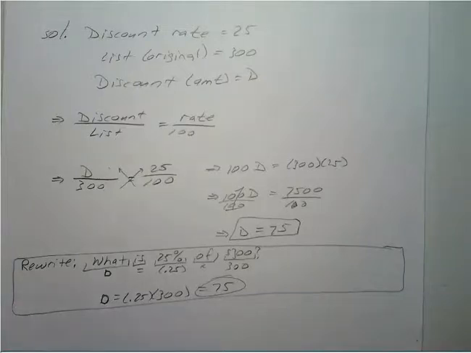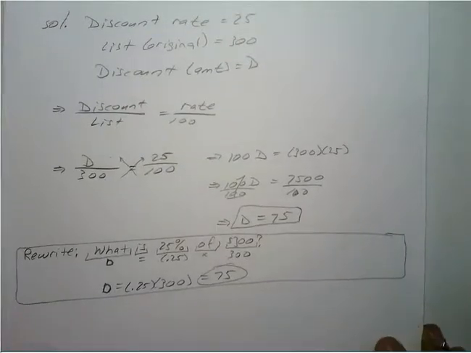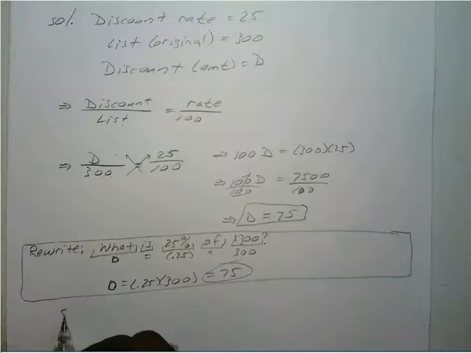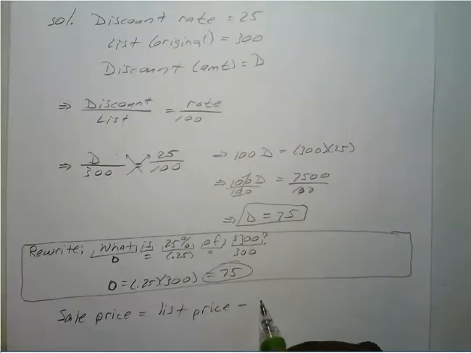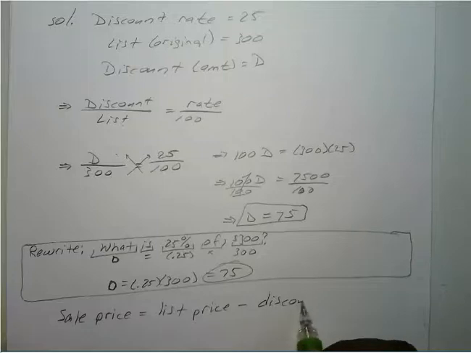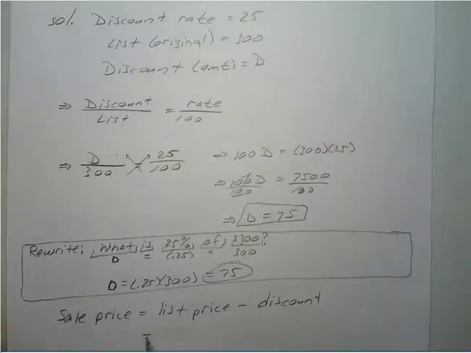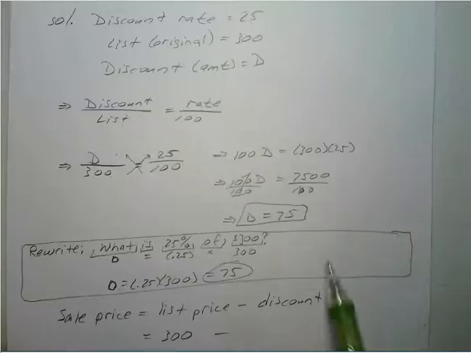Now we have to find the sale price. If you remember, the sale price equals the original, or the list price, minus the discount amount. So we have our list price, which is 300, minus our discount amount, which is 75.